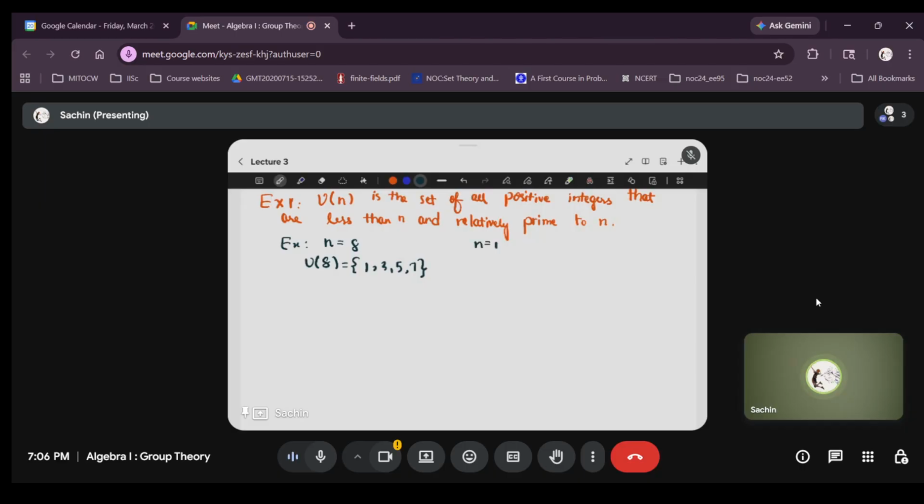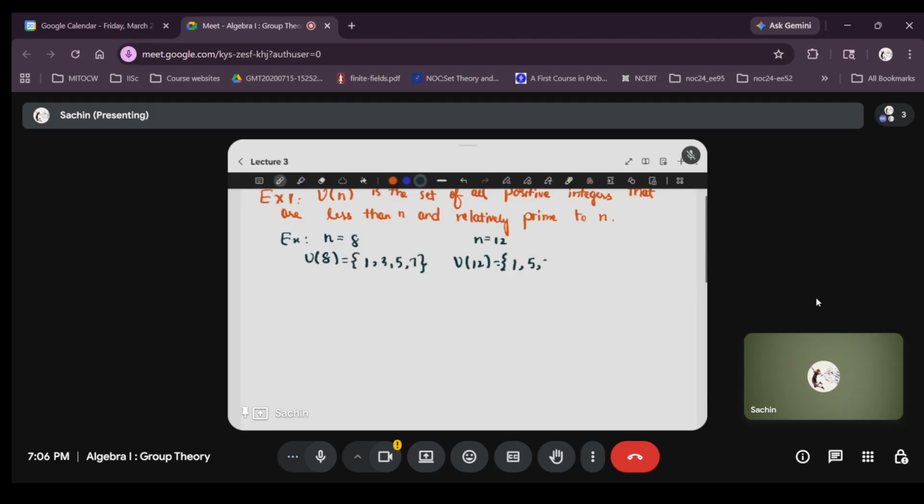For n is equal to 12, U of 12 is 1, 5, 7, 11.